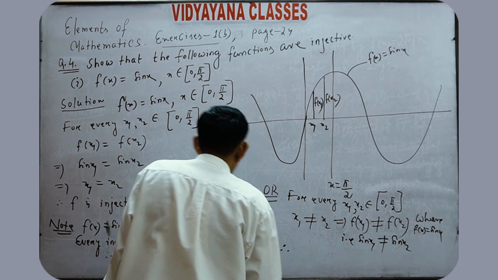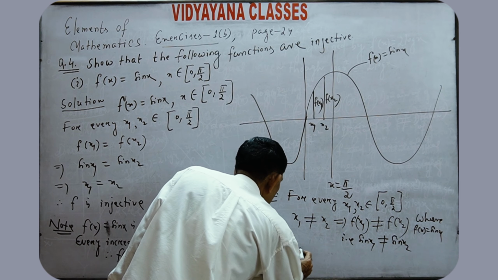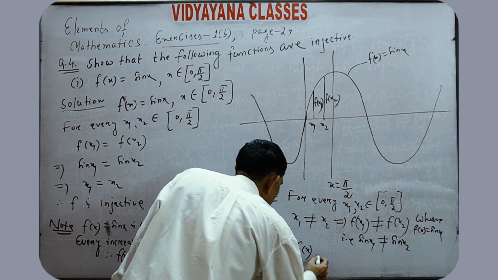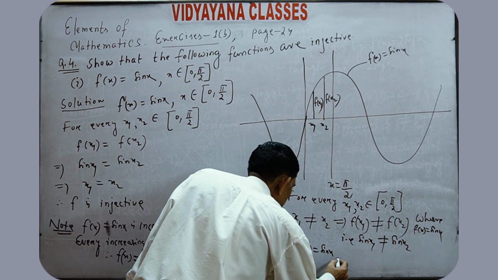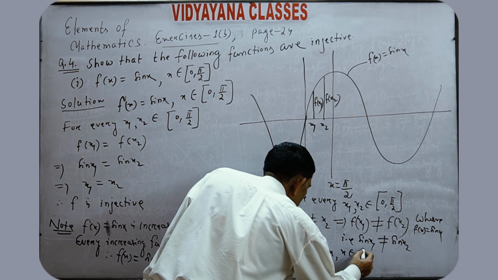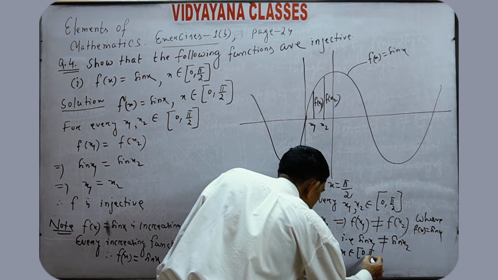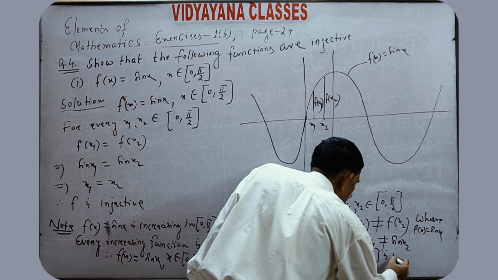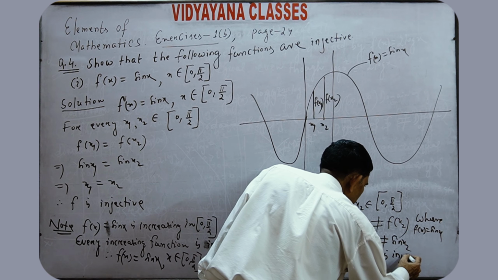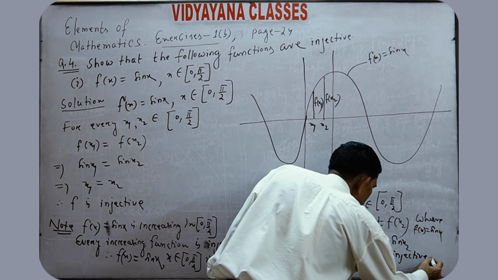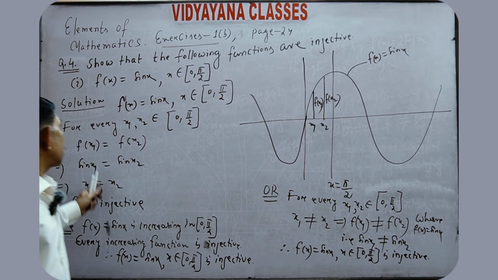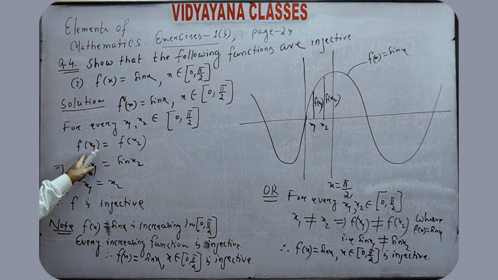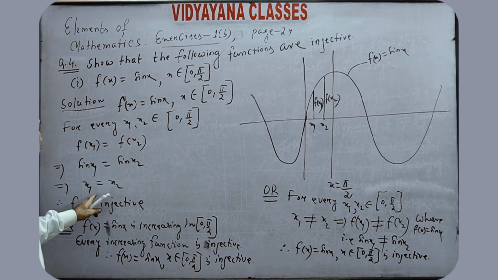Therefore, f(x) = sin x, x belongs to [0, π/2], is injective. If two images are same, objects are same.